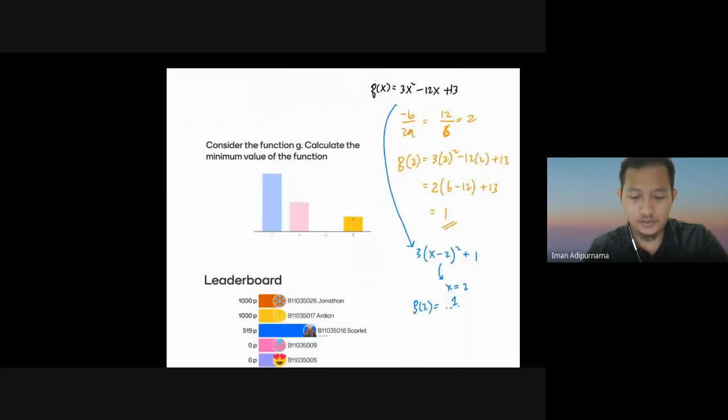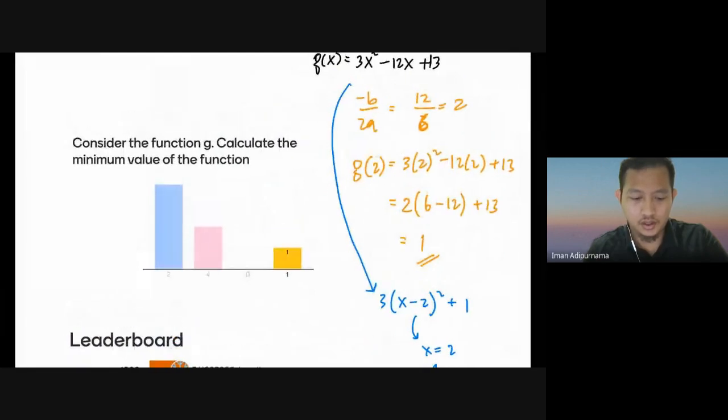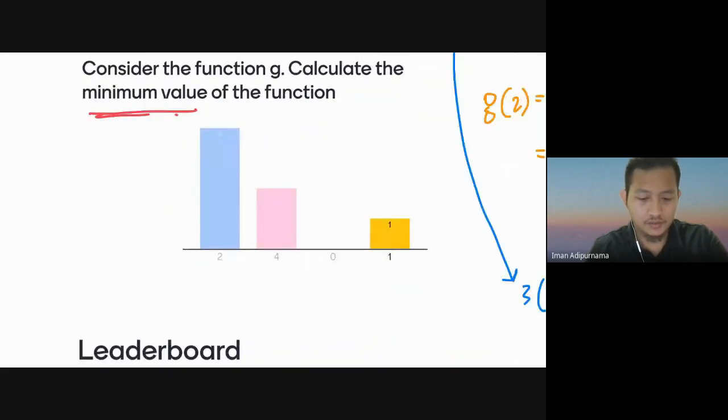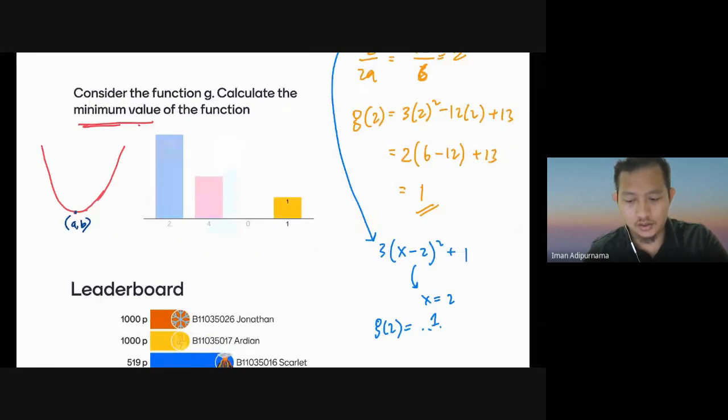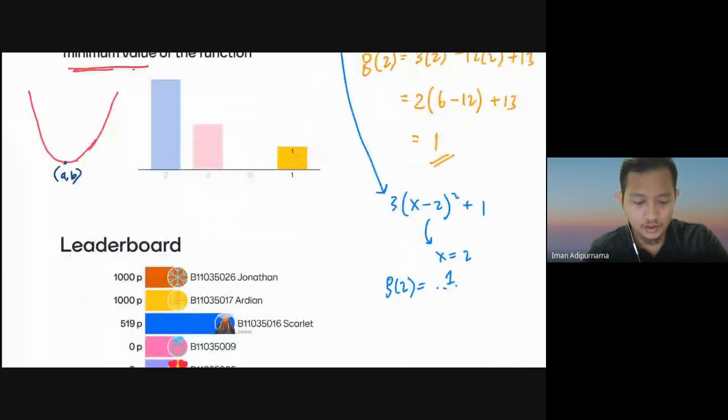Another question is to calculate the minimum value. Minimum value is when, let's say that the graph, if you have a minimum value, one possible graph is like this, right? So which means the minimum value is actually, let's say this is (a, b), so the minimum value is actually the b.